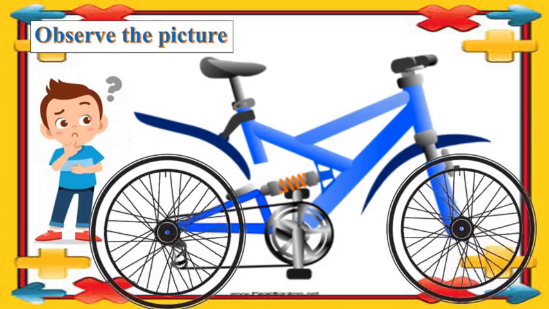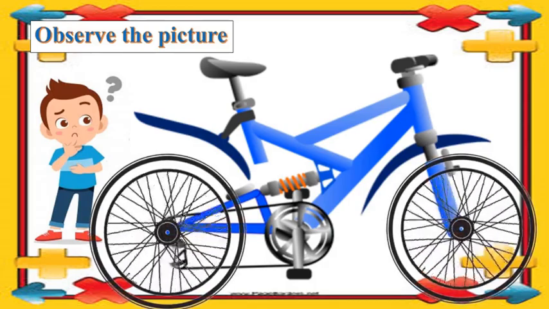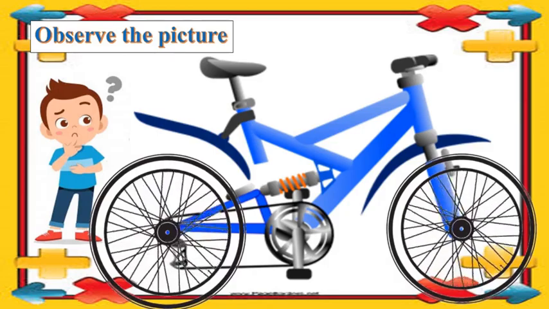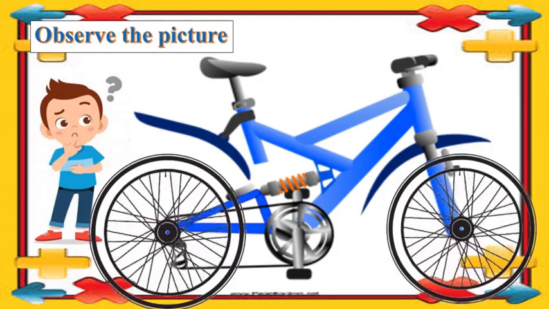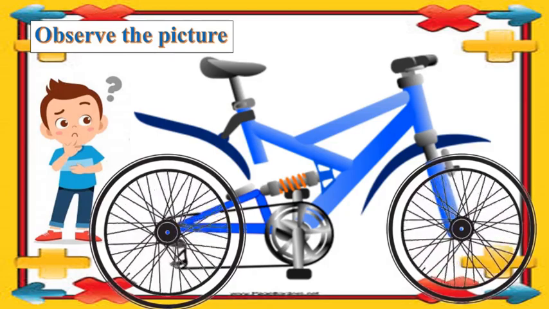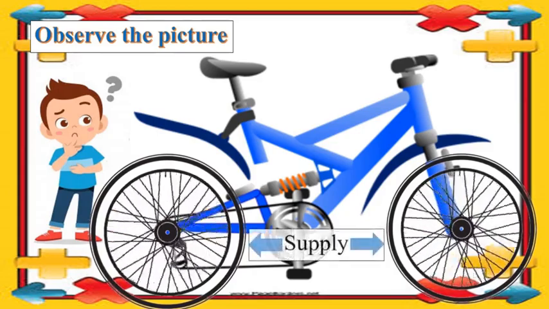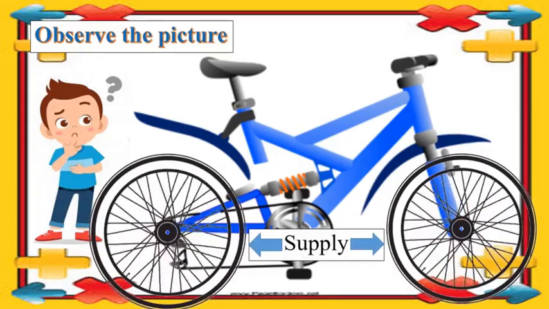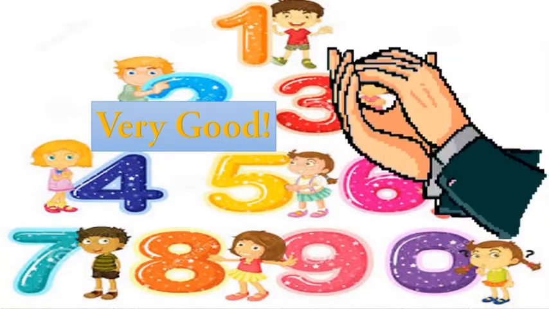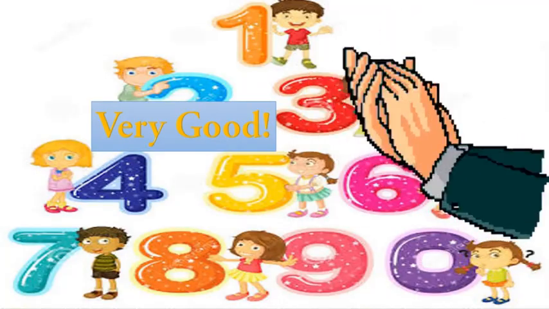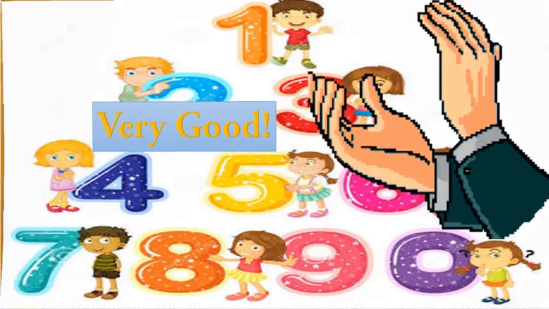Do you think this bicycle can run without the wheels? Of course not. So what will we do then? Yes, we are going to supply the missing parts to make it complete. Very good. You are really very observant.